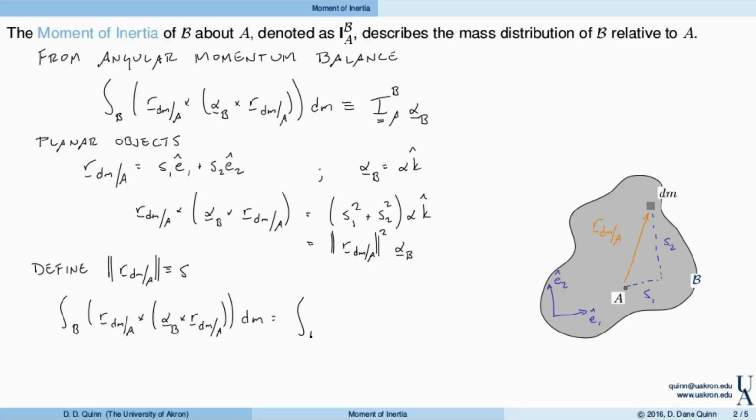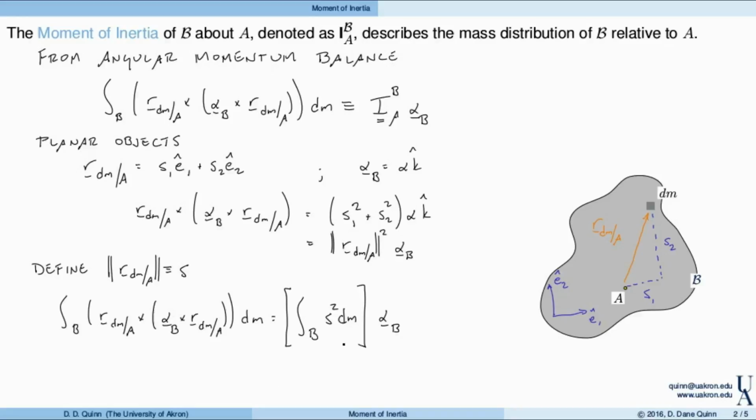Or, because the angular acceleration is constant as we vary the mass element, of course the angular acceleration doesn't depend on which mass element we choose, it's actually a property of the motion of the entire object, then that's constant when we integrate over the body, and we can factor that out, leaving the integral over b s squared dm times the angular acceleration.